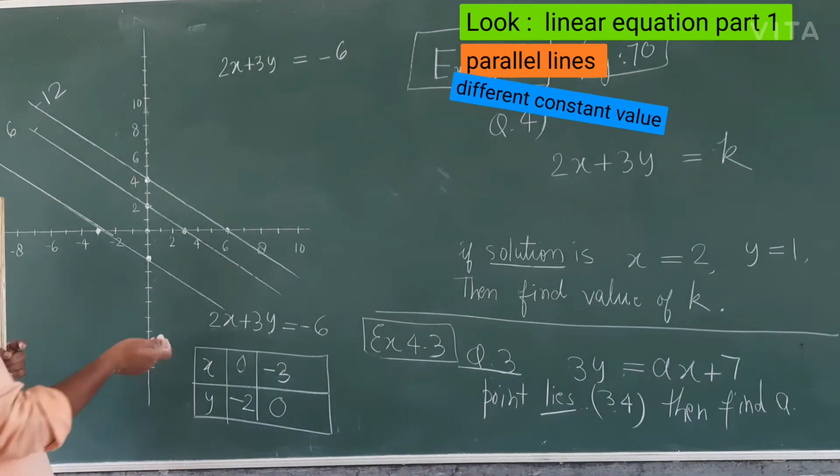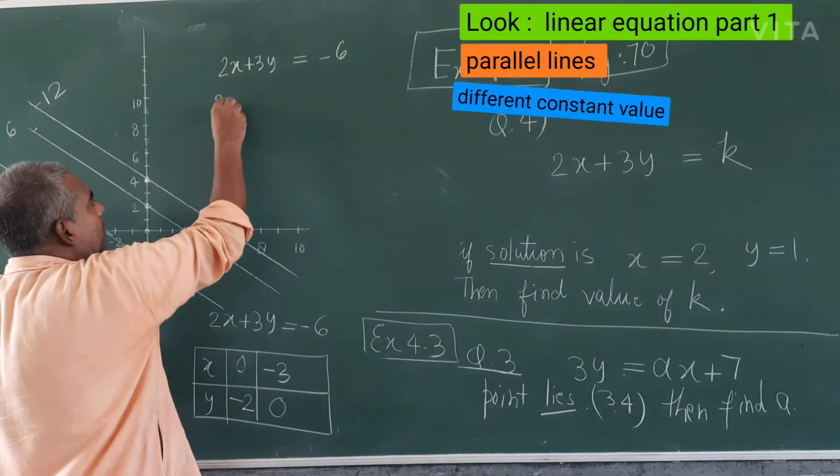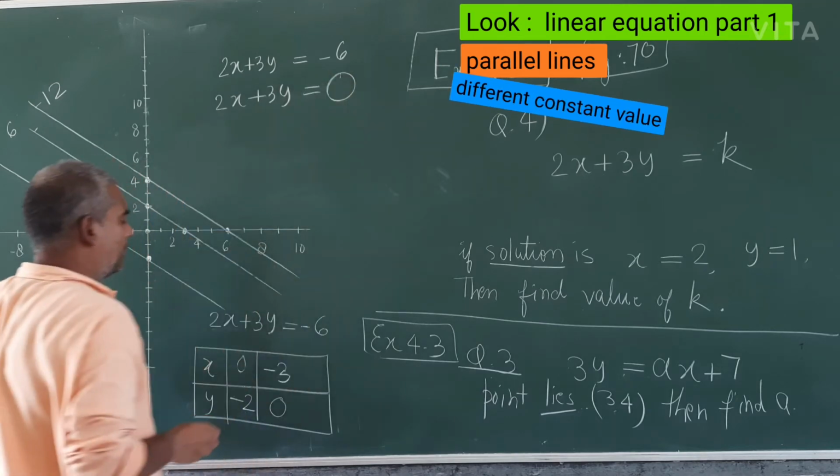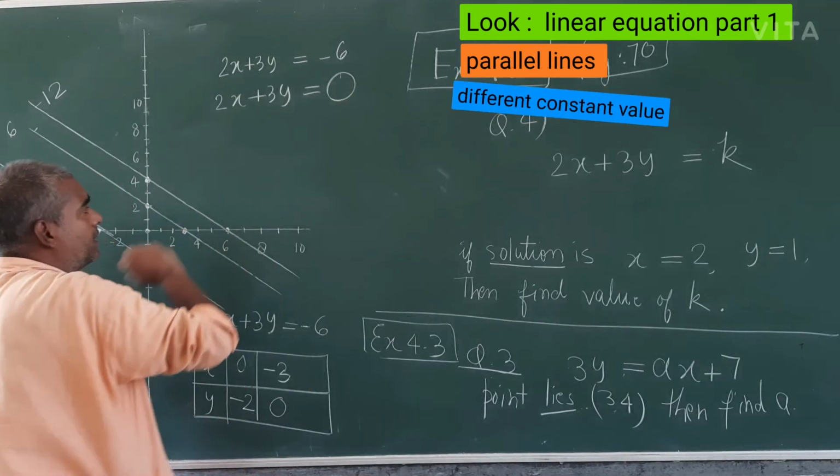Suppose I write 2x plus 3y is equal to 0. Now let me draw another line.